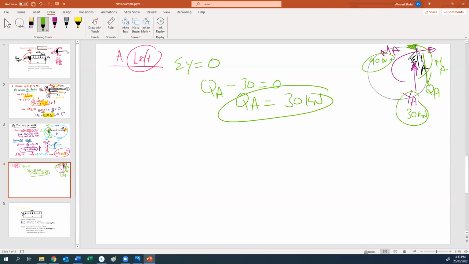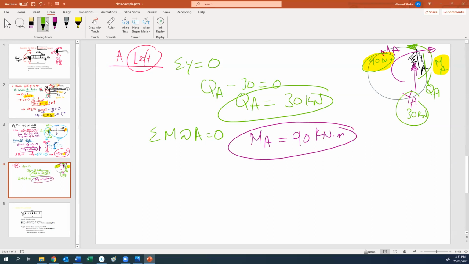Okay. And if we apply summation moment at A equal to 0, this MA should be equal to 90 kilonewton meter. This means that the straining action, the shear at A and the moment at A, will equal the reactions.